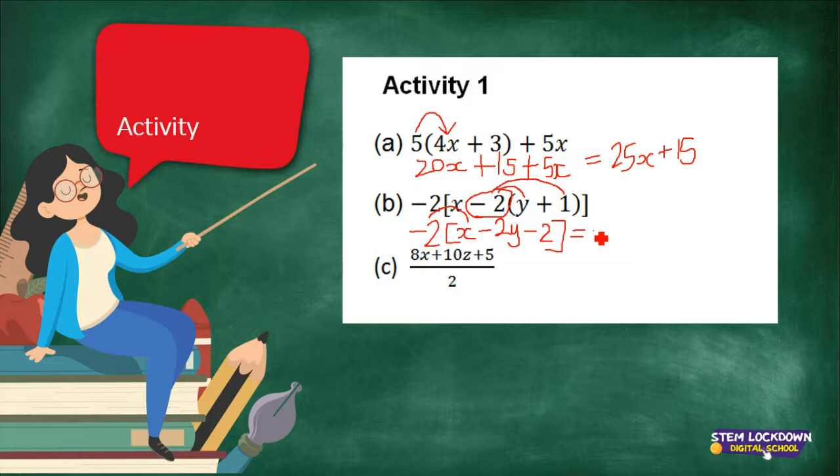The answer would be negative, because positive times negative is negative, 2x. Okay. Then -2 multiplied by -2y. A negative and a negative is a positive. 2 times 2 is 4, so it's 4y.